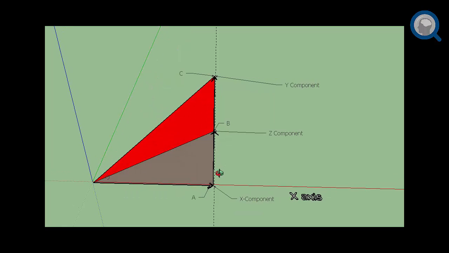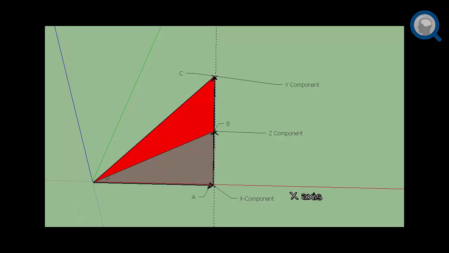Now the vector OB can be directly written as vector OA plus AB by the vector law of addition, and similarly vector OC can be written as OB plus BC by the triangle law of addition. So effectively OC is nothing but OA plus AB plus BC.